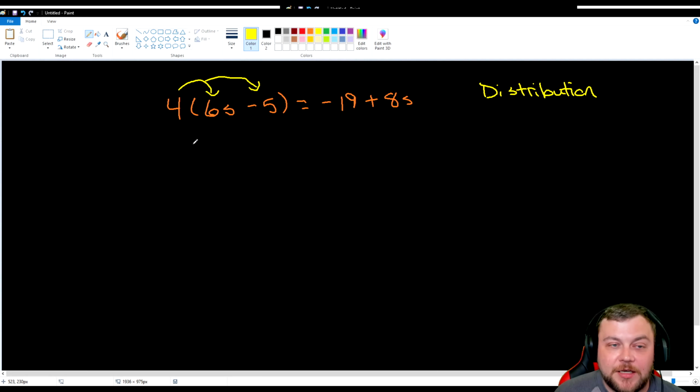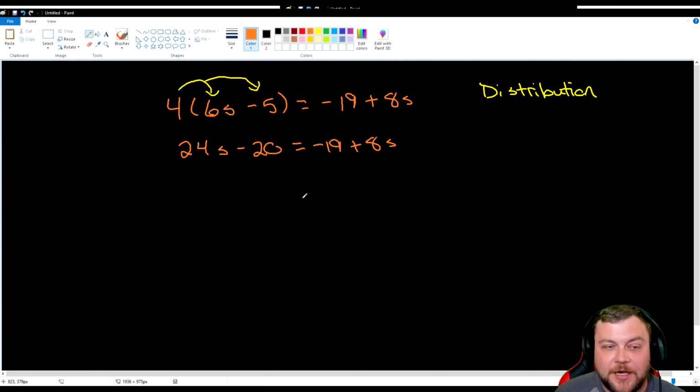And what we get is 24s, 4 times 6 is 24, minus 4 times 5 is 20. Okay? And that equals negative 19 plus 8s. So 24s minus 20 equals negative 19 plus 8s.